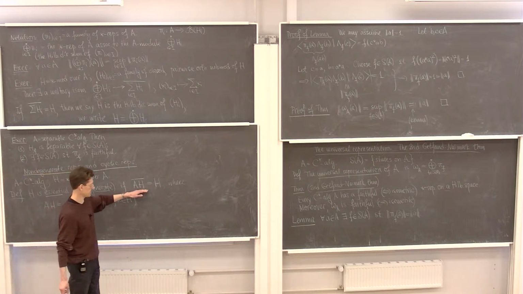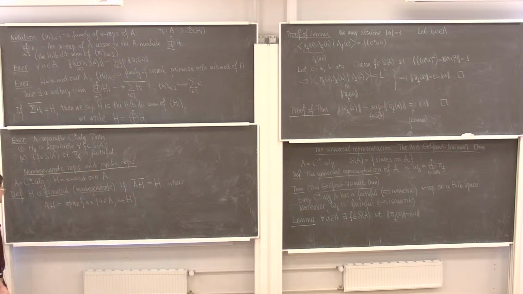So we take the closure, and if this closure is exactly H, then we say that H is essential or non-degenerate. And the same terminology applies to representations.